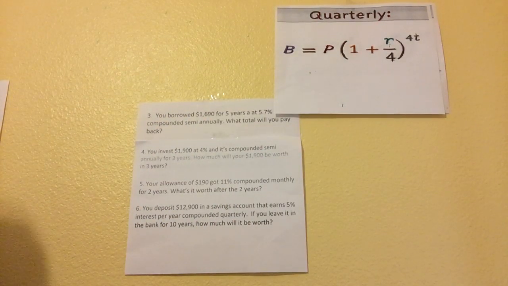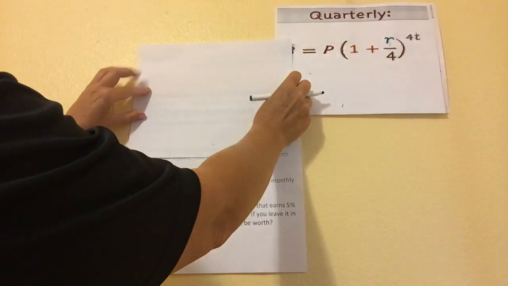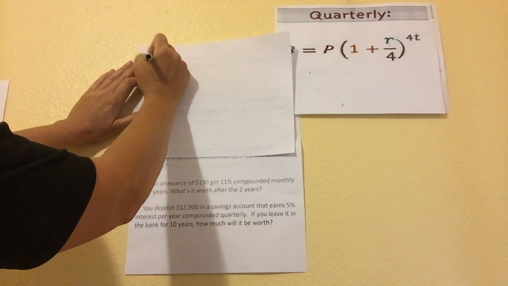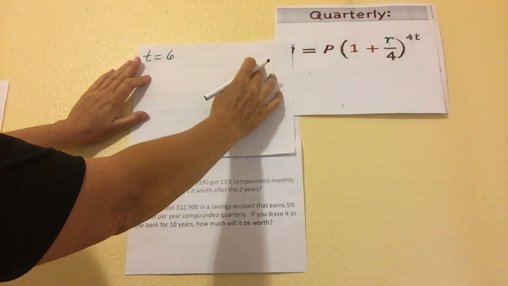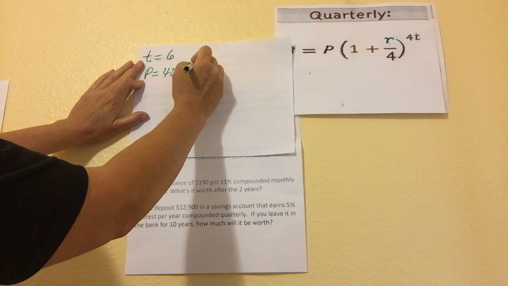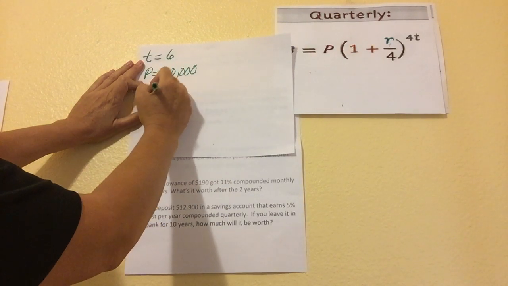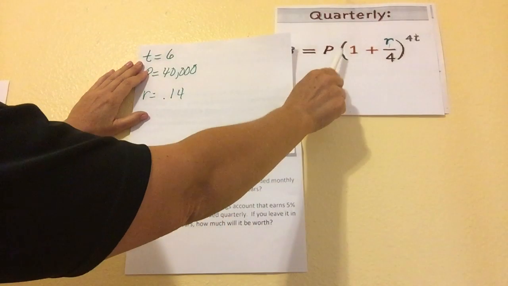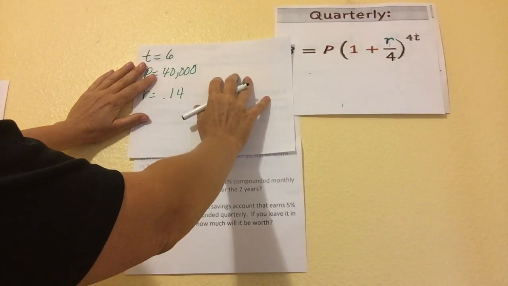And I'm going to rewrite this one because I can't find yesterday's, okay? So we have a 6-year investment. We know T equals 6. And our P equals 40,000. And our R equals 0.14. And it's compounding quarterly, so we're going to use that formula.